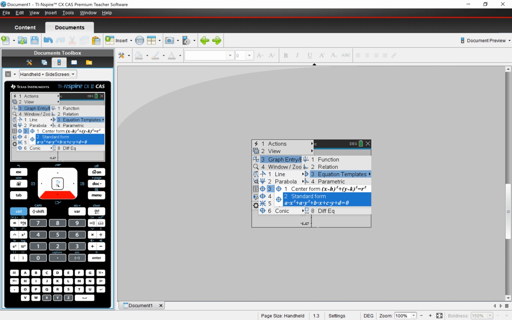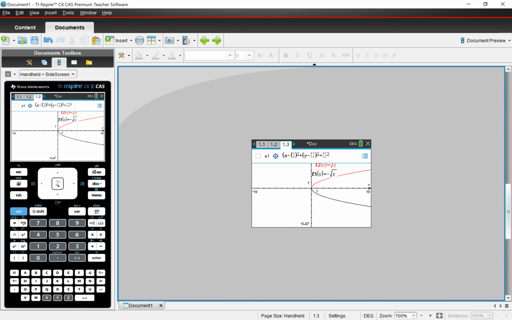I'll do this one. It's a bit hard because I've never taught you how this works, but essentially that is x squared plus y squared equals 4, and you can see it ends up being a circle.